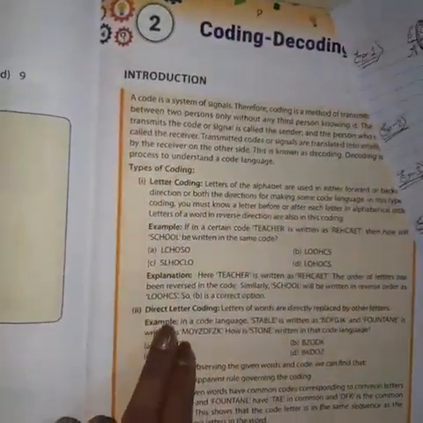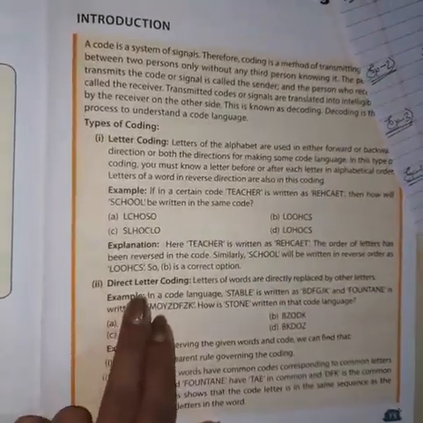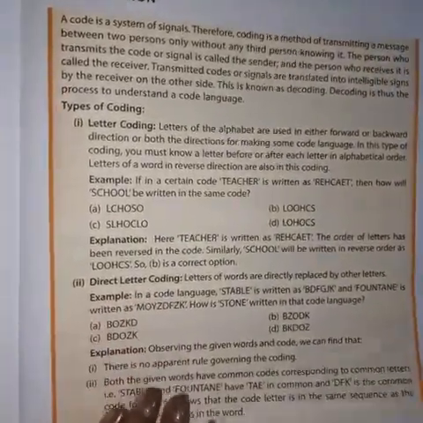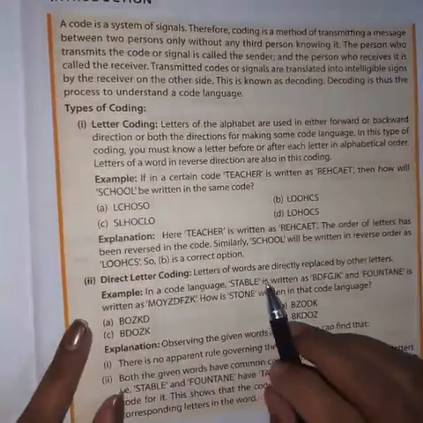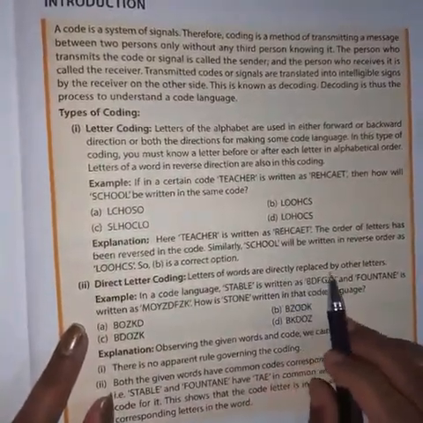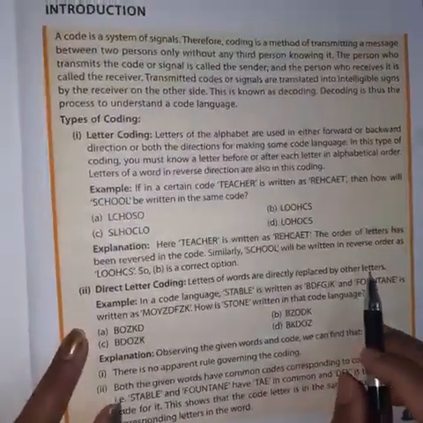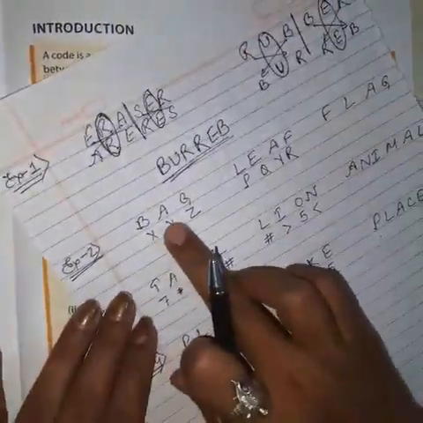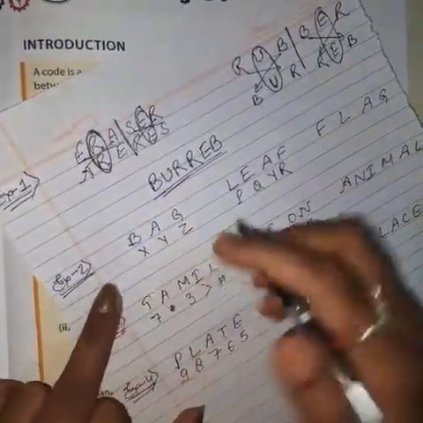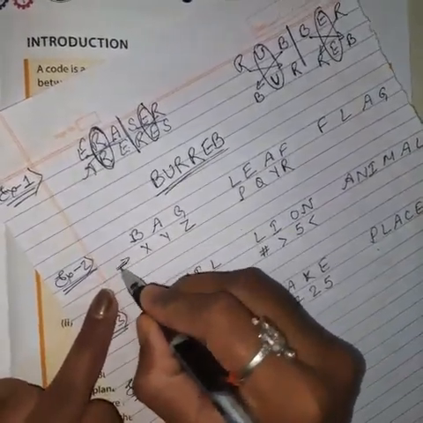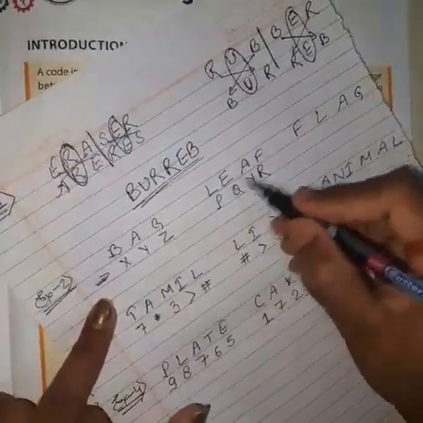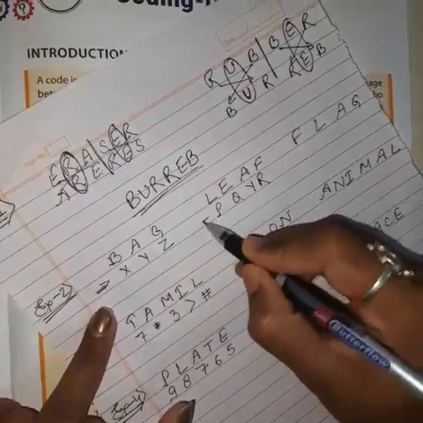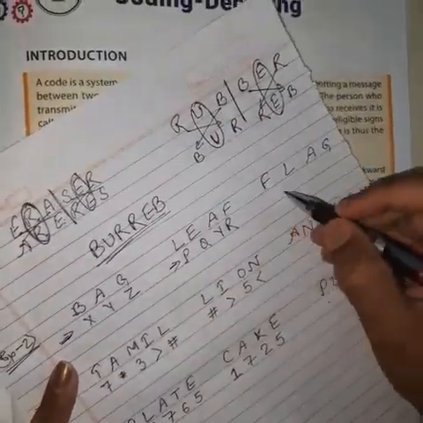Now we come to the second type of question, direct letter coding. Letters of words are directly replaced by other letters. We take an example: B A G is coded as X Y Z. Leaf is coded as P Q Y R. Flag is coded as?